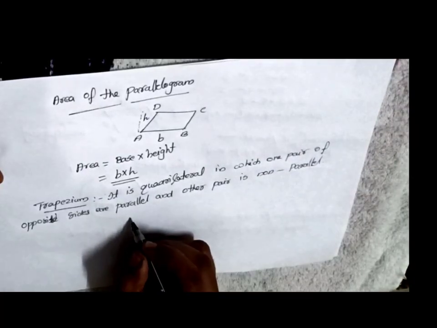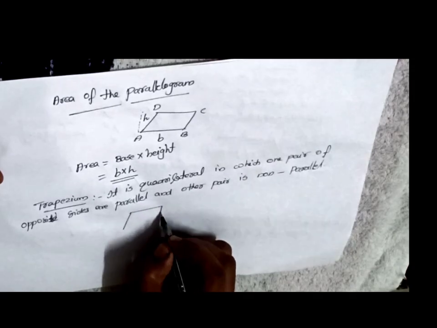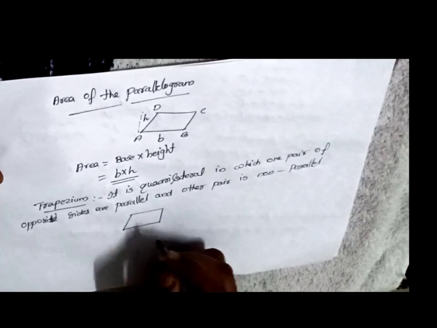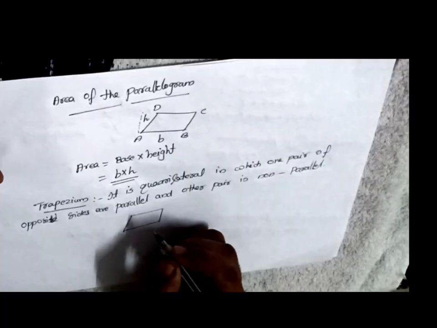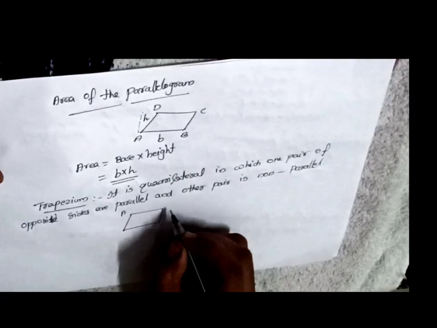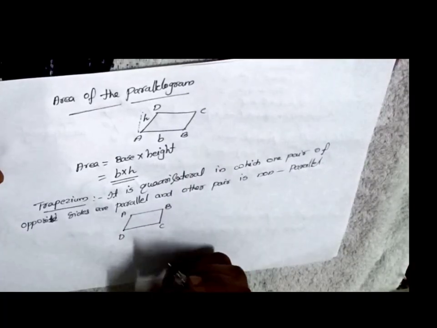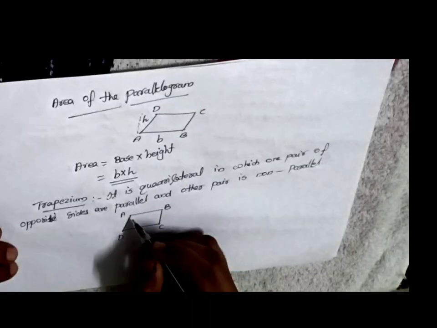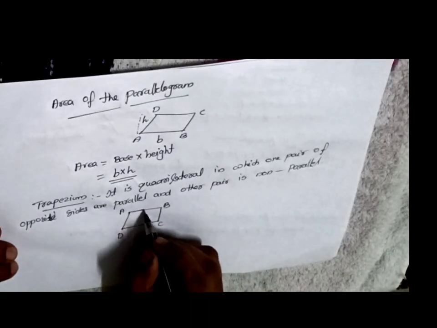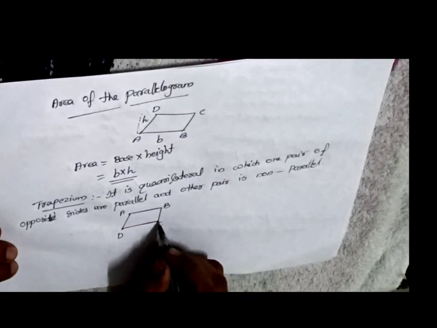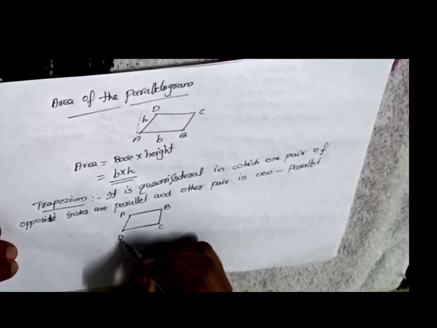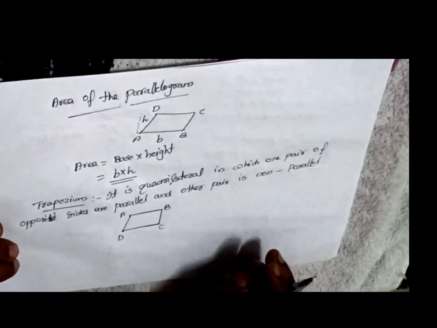That is, consider a trapezium ABCD. Here one pair of opposite sides is parallel. Here AB is parallel to DC and AD is not parallel to DC.